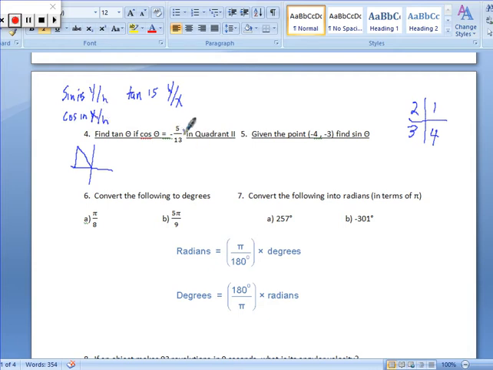So it says negative 5 over 13. So here's my x-axis, remember that. Here's my y-axis. And here's negative 5. Let's try to be a little neater about it. Here's negative 5. My hypotenuse has to be 13.